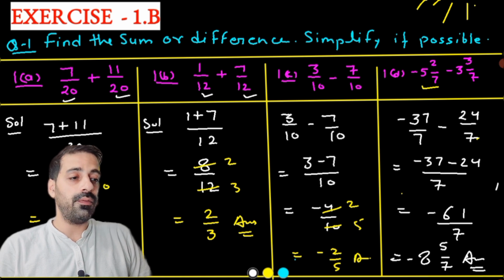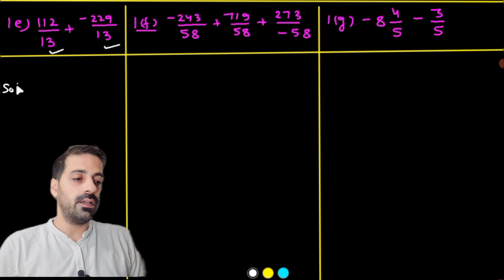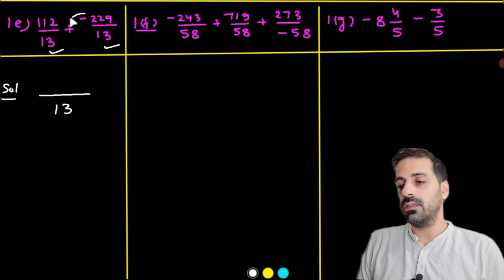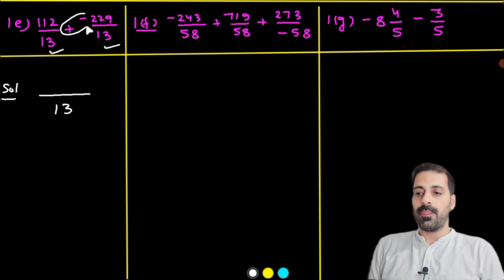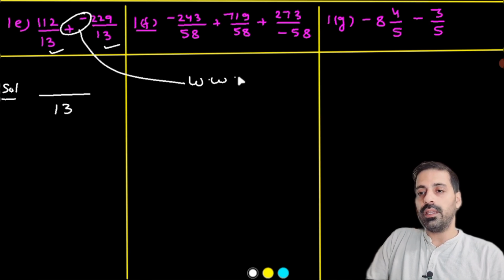Now move to the next question, part E. Again the denominator is the same, so the LCM is here 13. My dear students, you can see one more thing here, plus and negative sign. This is what I call WWE fight. Who is going to win this fight?